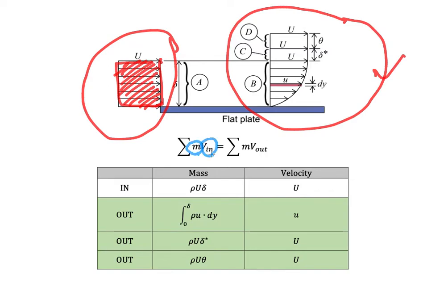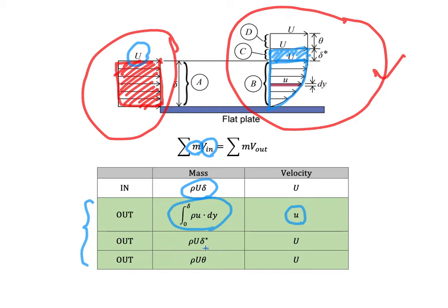So for the inlet, the mass is rho U delta, and the velocity is capital U. And then for the outlet, we start from the simple one. The mass needs to be integrated, and the velocity is small u. And then the area here, okay.